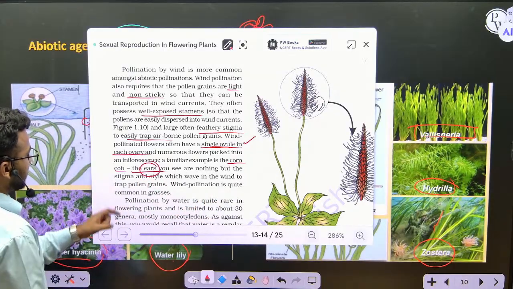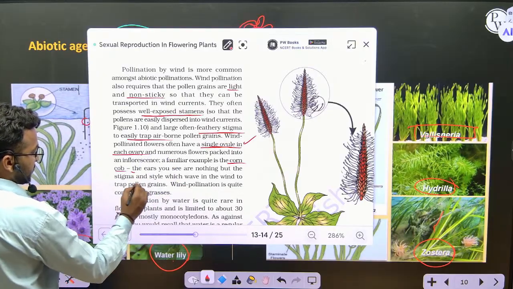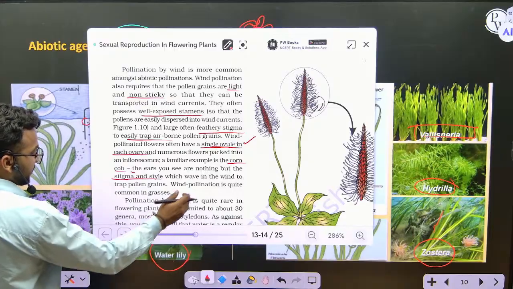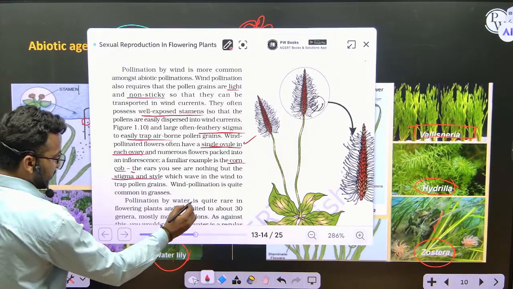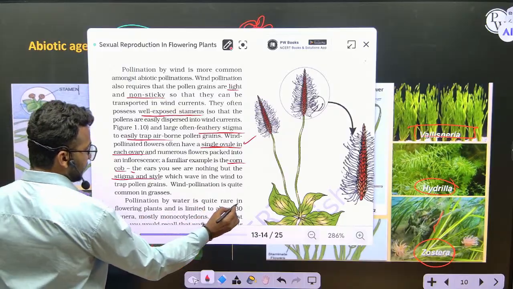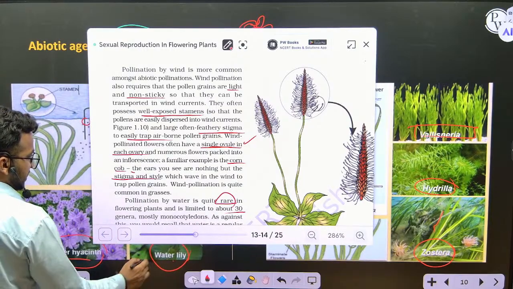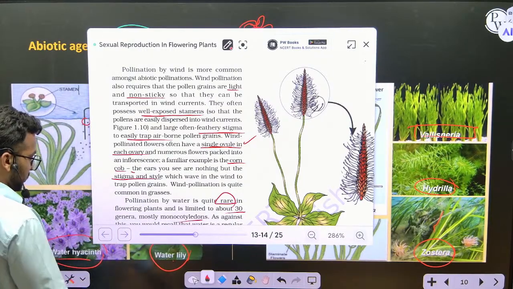You need to change that tassel into ear here. So that ear is nothing but the stigma and style, which wave in the wind to trap the pollen grains. And pollination by water is quite rare compared to wind pollination, and it is limited to about 30 genera, and most of them are monocots.